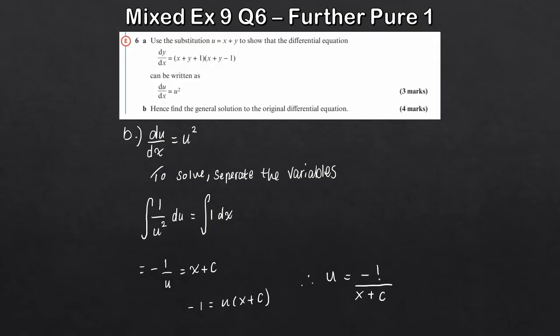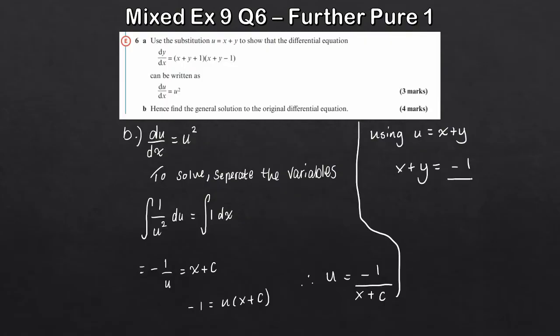But we know u is equal to x plus y, so using that for this part now, x plus y is equal to minus 1 divided by x plus c.